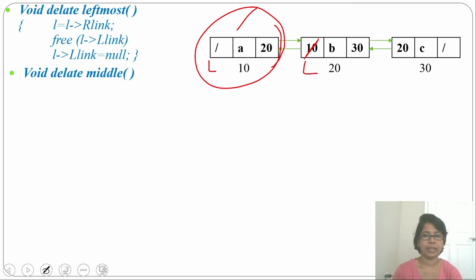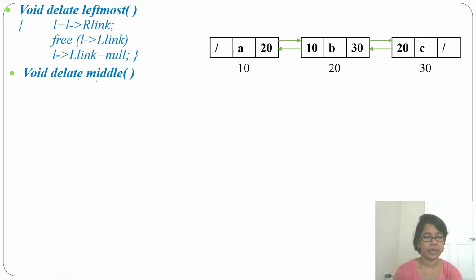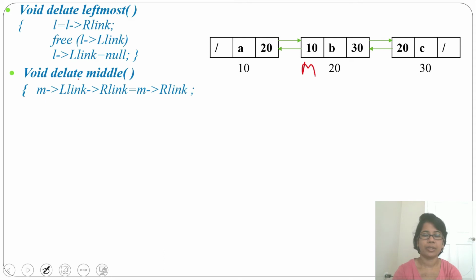Now void delete middle. Suppose this is M and you want to delete this. M left link's right link will be M right link, meaning this will point to this.